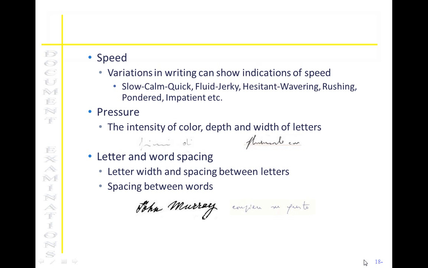Variations can be shown if a person is more hesitant in their writing or if they're more quickly writing it. Likewise, the pressure that they're actually putting on the document with the pen itself is going to affect the intensity of the color and the depth and the width of the various letters in the writing itself.